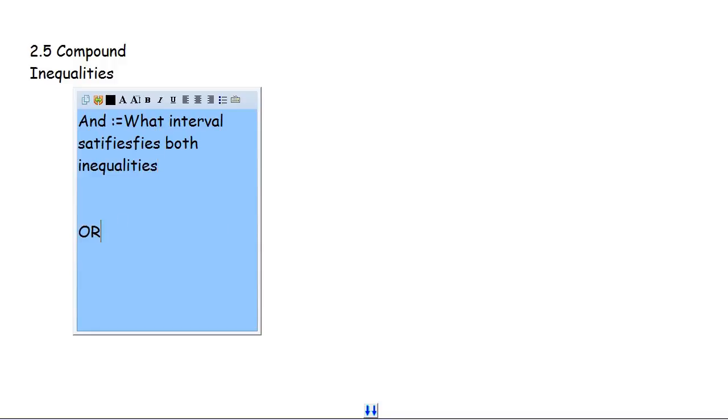If I'm asking you to solve an OR problem, then I'm really asking you to find what interval or intervals satisfy one inequality or the other.